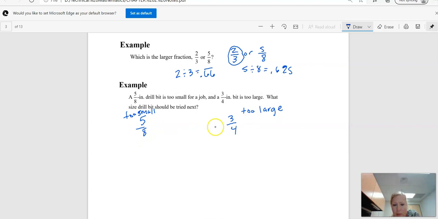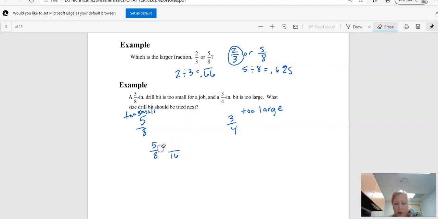So we need something in between these numbers, right? So what you want to think about is the next number that both 8 and 4 will go into, and that's going to be 16. So we want to go, okay, let's make this fraction.